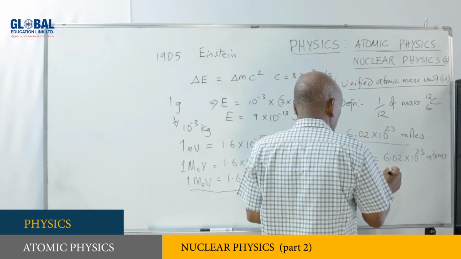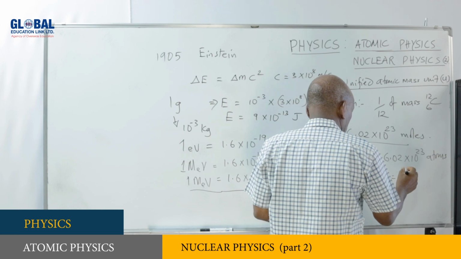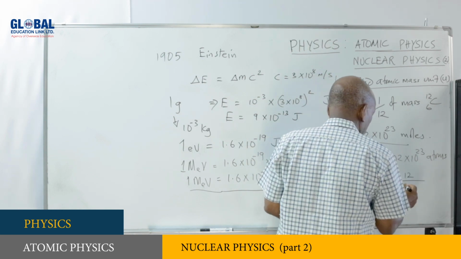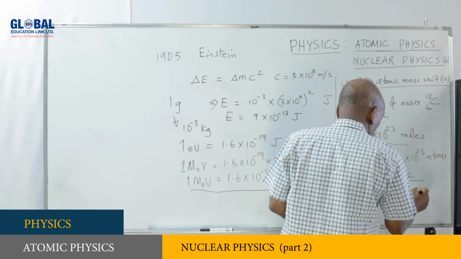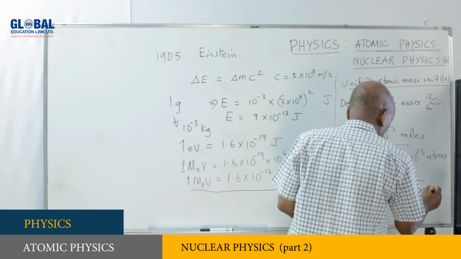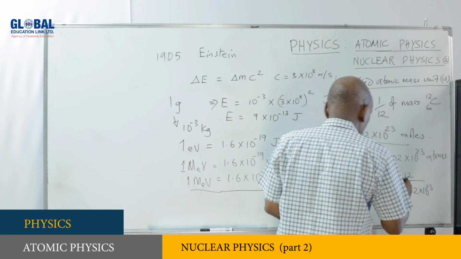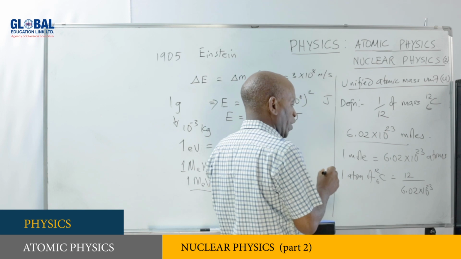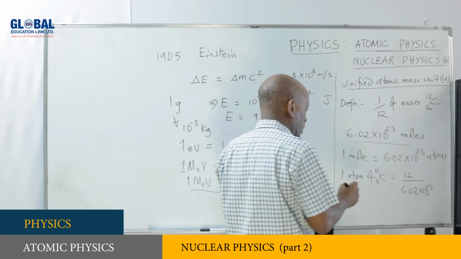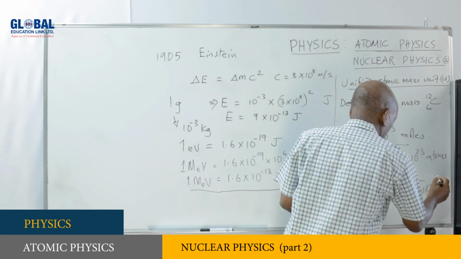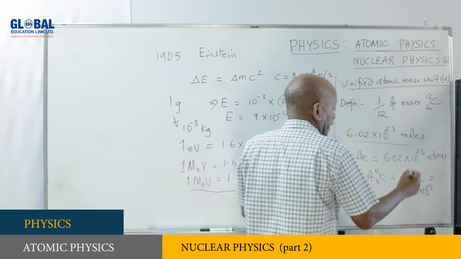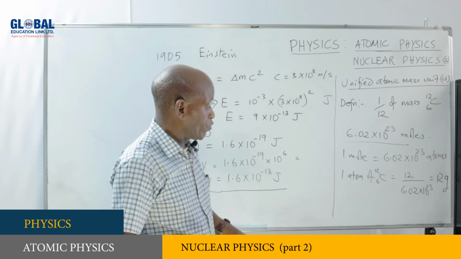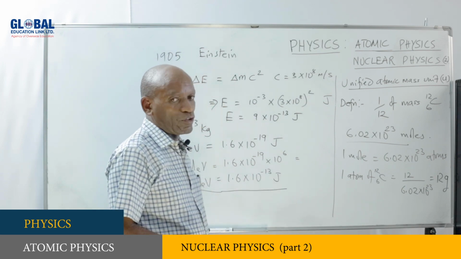So I just have to establish that particular mass by taking 12 divided by 6.02 times 10 power 23. Then this is for a single atom, and this is what corresponds to 12 grams of such atoms.